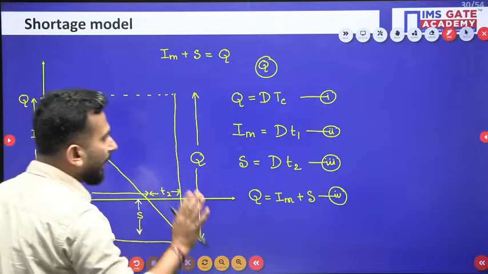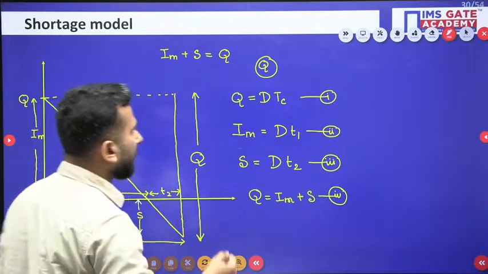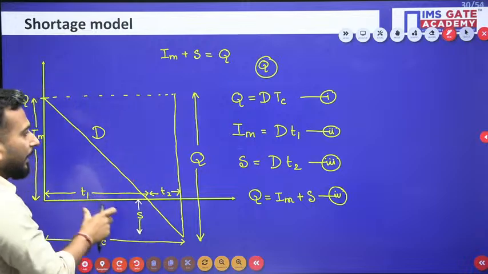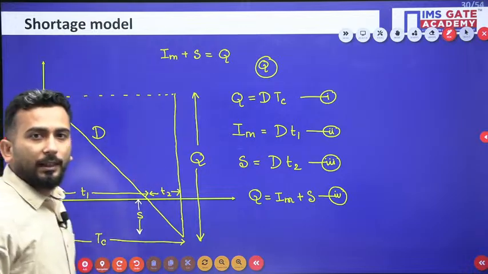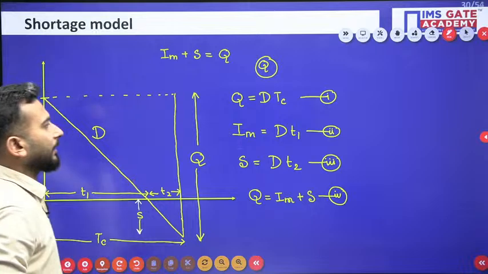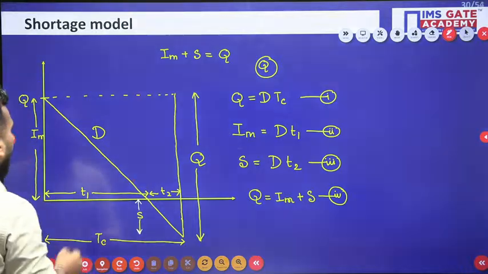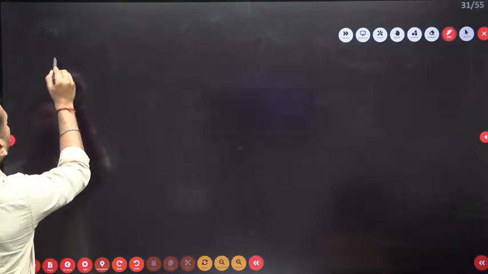Why are we saying this? Because he can ask you what is T1, or what is the period where shortage is allowed. All these things he can ask you. And what are the types of cost?